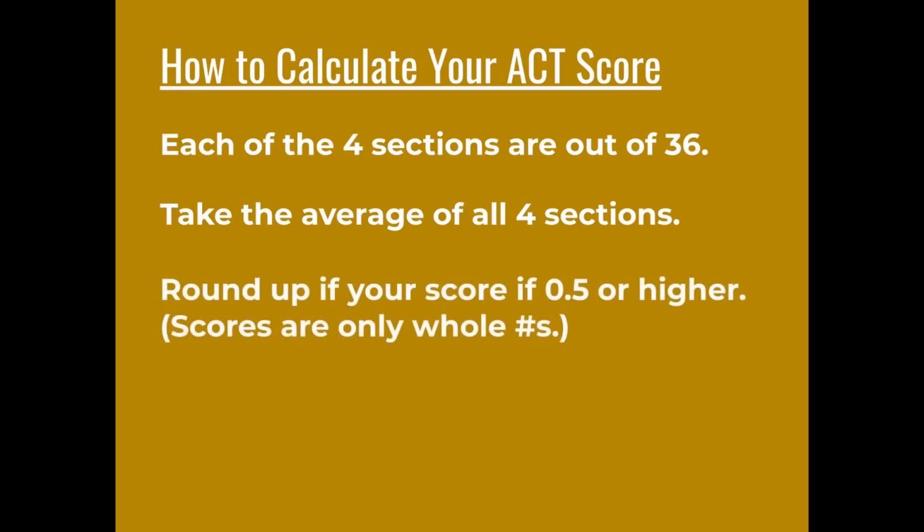Luckily for you, the ACT rounds up, so this works in your favor. For example, if you get a 30.5, you're not going to get a 30, you're going to get a score of 31. But that's only if your score is 0.5 or higher.